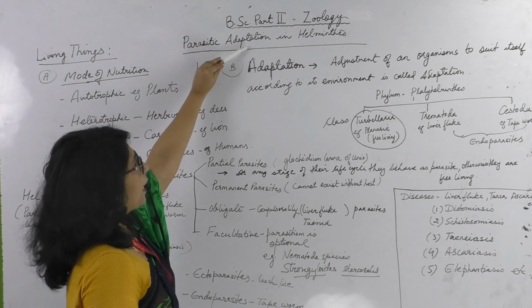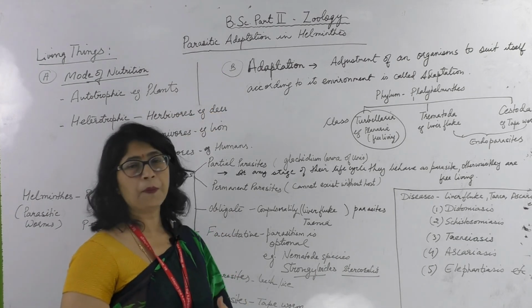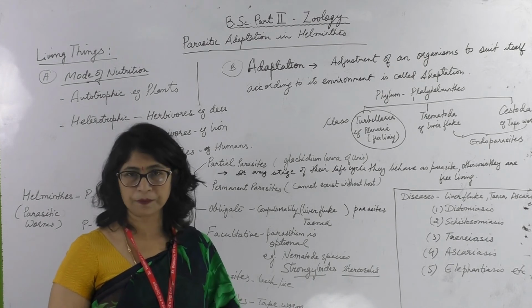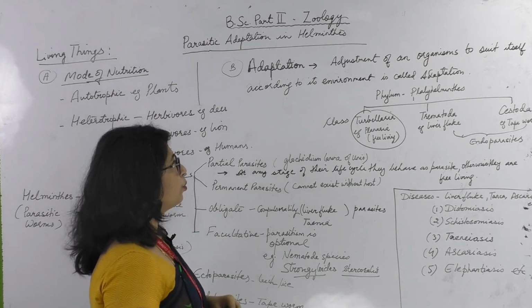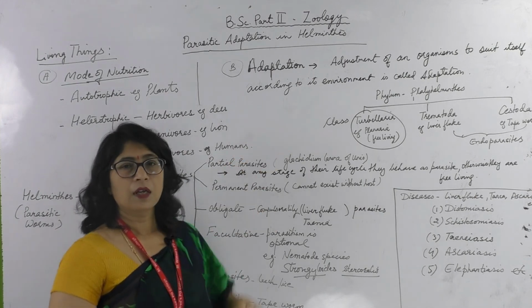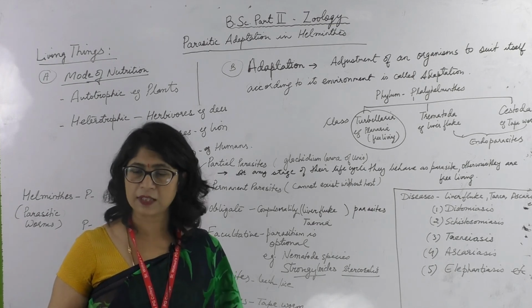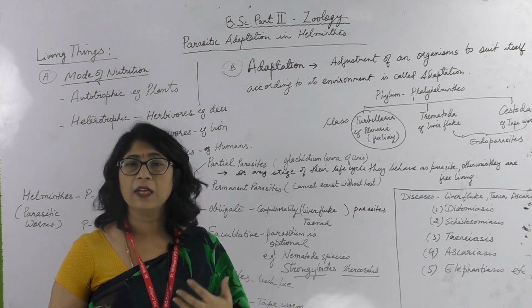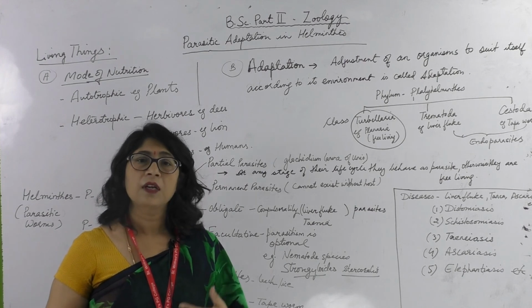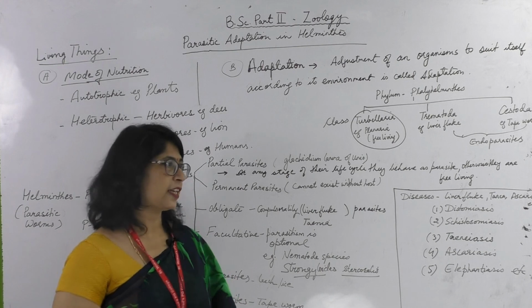Now, what is adaptation? Adaptation means the adjustment made by an organism so as to suit itself to its environment. It is the change that an organism makes so that it is able to live inside its host.